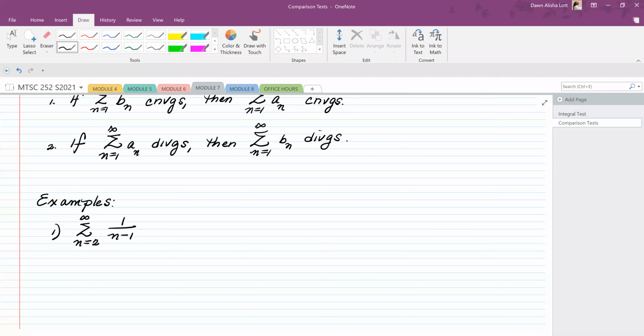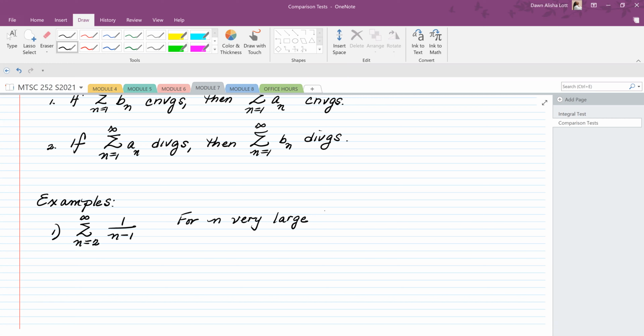Now, as n gets very, very large, n minus 1, well, does that 1 really matter? If you have $2 trillion, are you worried about the $1? Maybe you are, but it's not as significant because $2 trillion and $2 trillion minus 1 looks about the same.